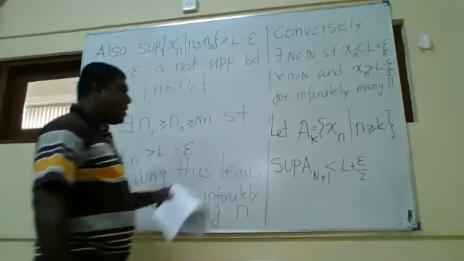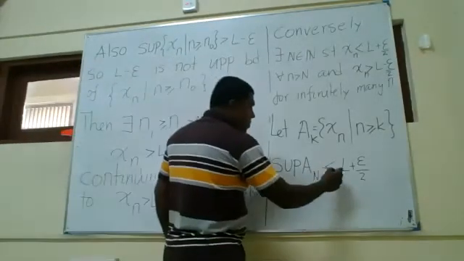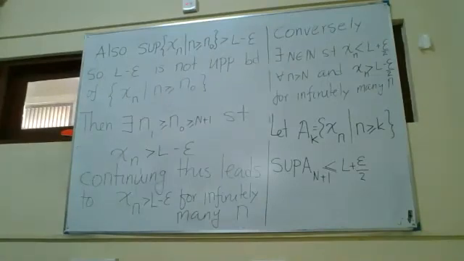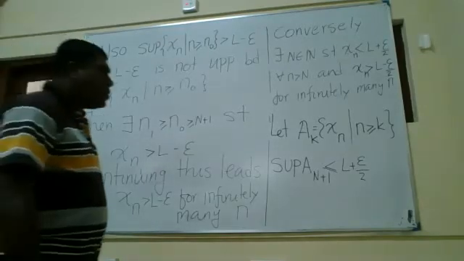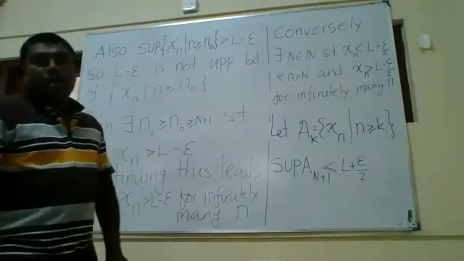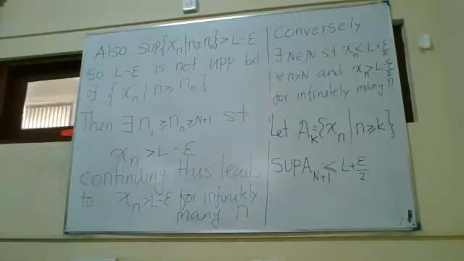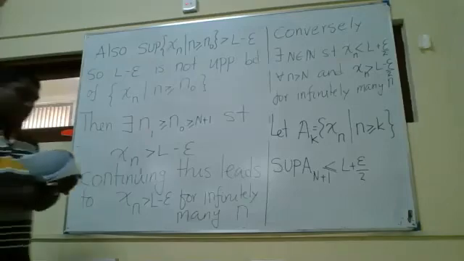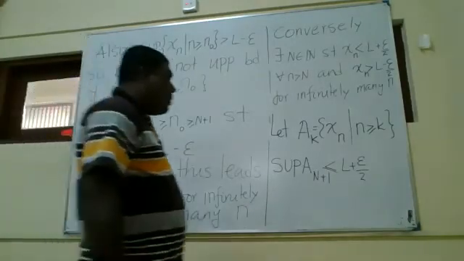Because all the elements in the set after a certain N are less than L plus epsilon over 2, the supremum of the set is less or equal to L plus epsilon over 2, so that is less than L plus epsilon.